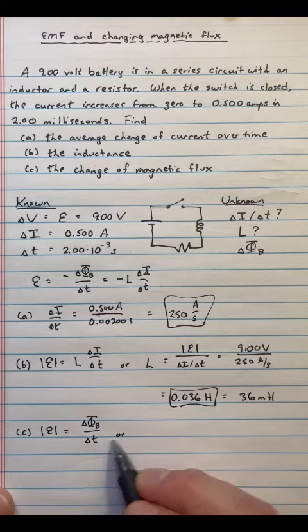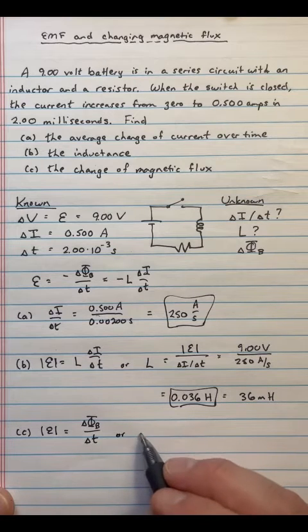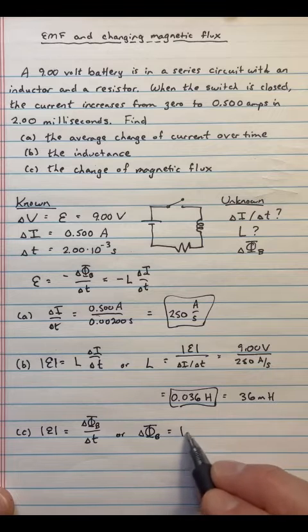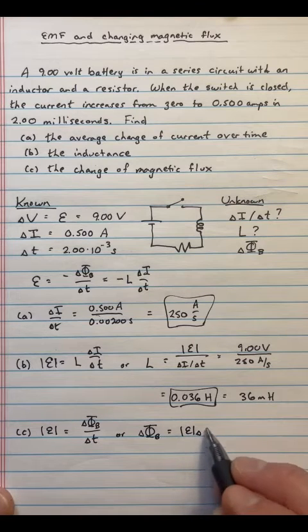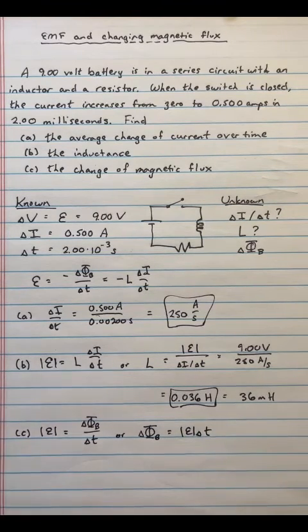Or if we multiply both sides by delta T, the change of magnetic flux equals the EMF multiplied by delta T, like that. That's something kind of interesting to write, by the way: that's what magnetic flux is. It's a voltage multiplied by some change of time. Okay, and that's an interesting thing that comes out of this.